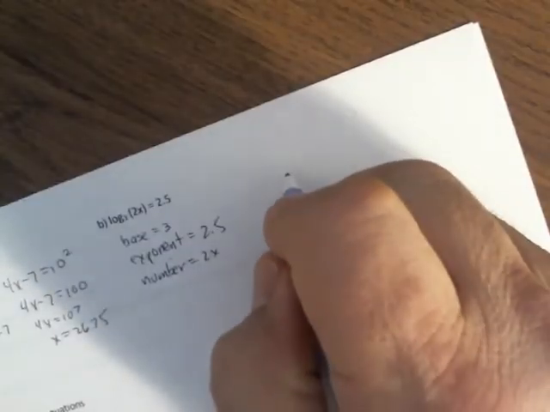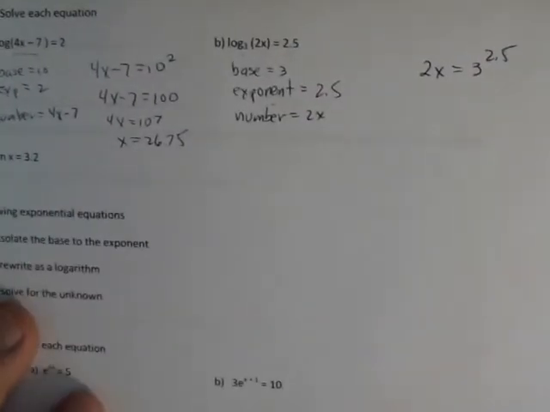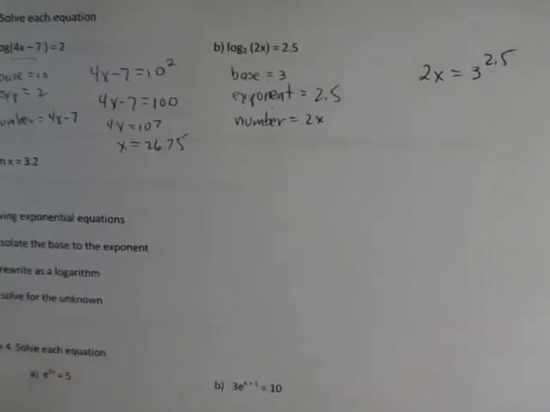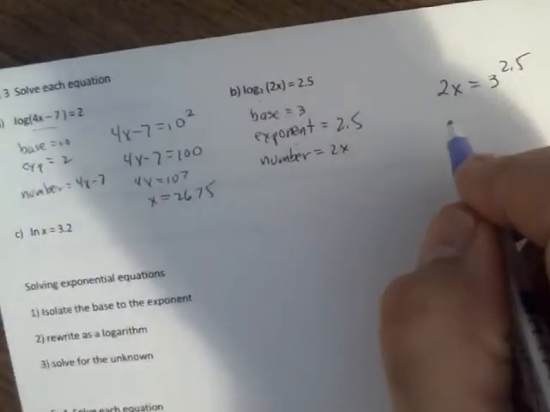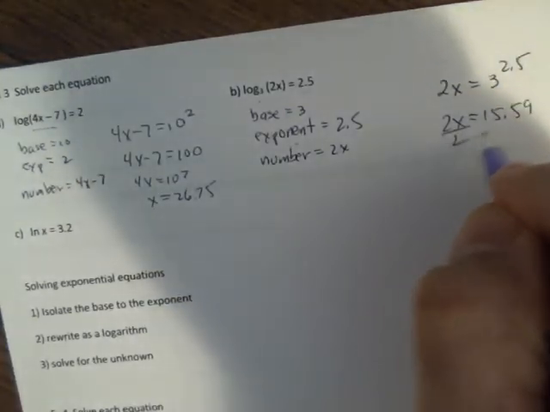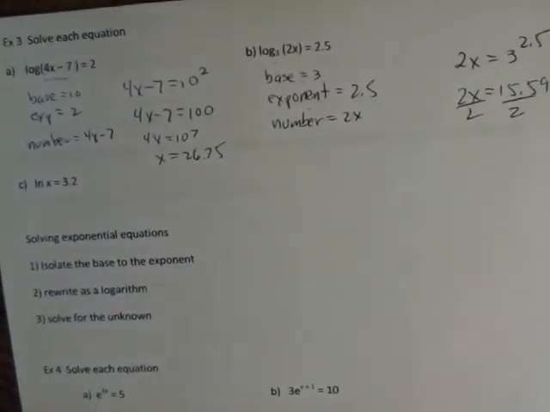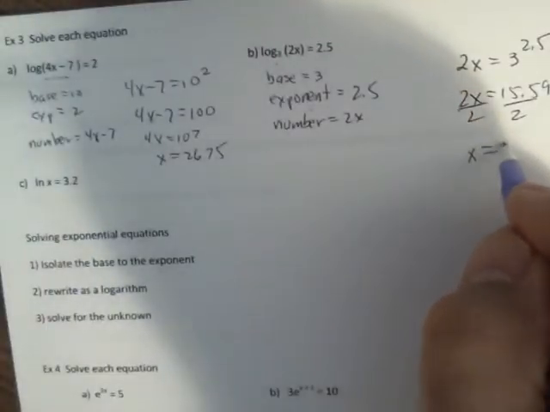So I set it up. My number is my base to the exponent. Put 3 to the 2.5 power in your calculator. And I get 15.59 divided by 2. And I get about 7.8.